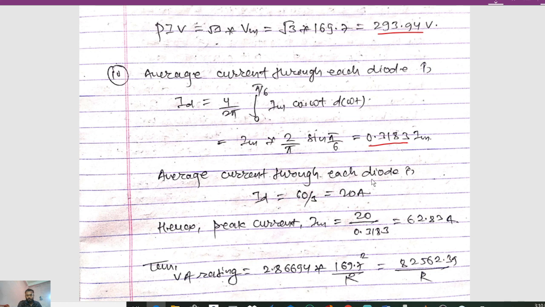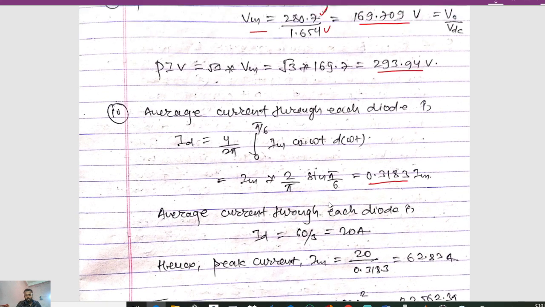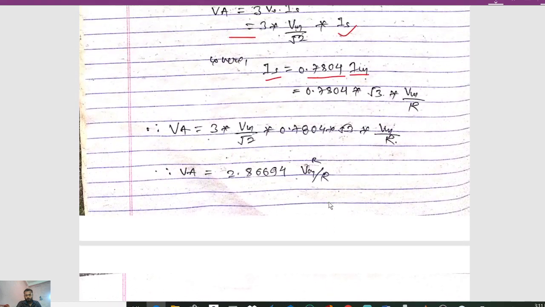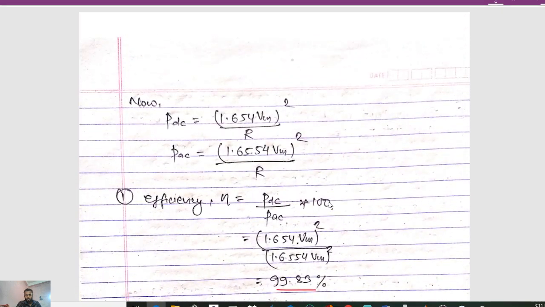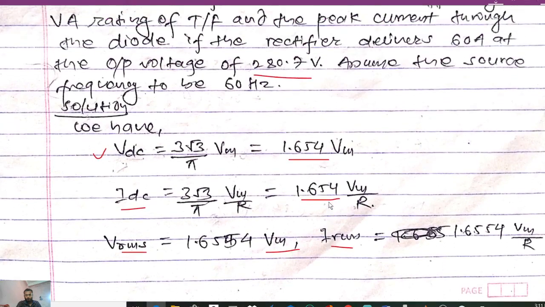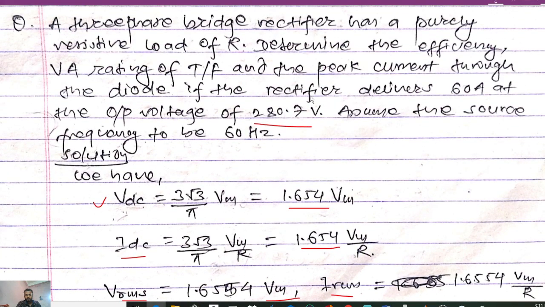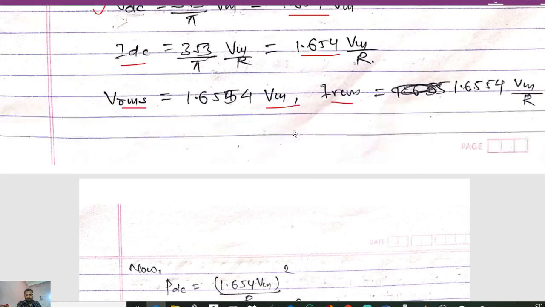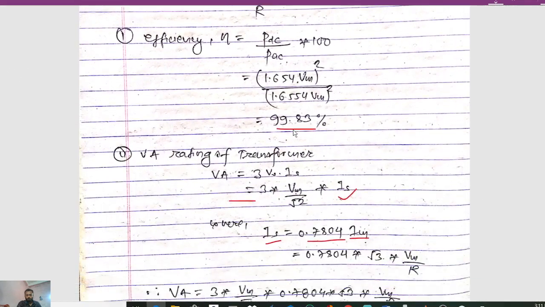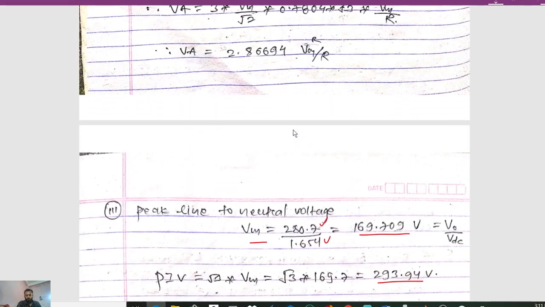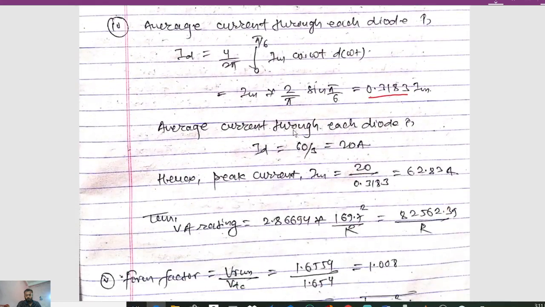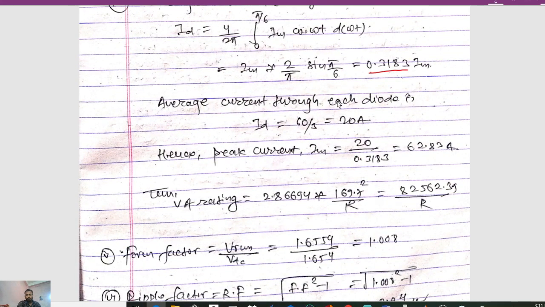And again the average current through each diode is given as 60 upon 3, since 60 ampere is given in the question, where the rectifier delivers 60 ampere at the output voltage. So the average current through each diode will be 60 upon 3, and that is going to give 20 amperes.